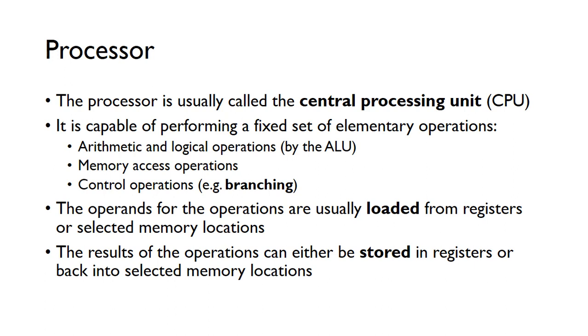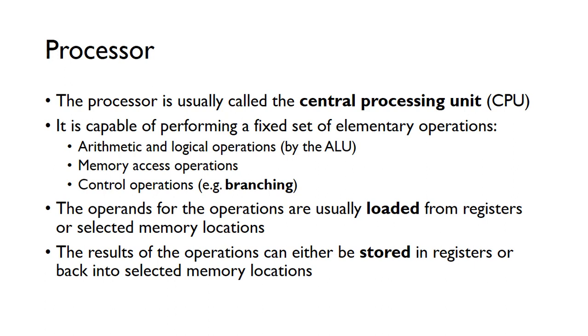The operands for the operations, we usually load from registers or selected memory locations. Say we want to add two numbers together. We normally load those numbers from registers or some location in memory. Then when we've done this addition, we've got the result of this operation.